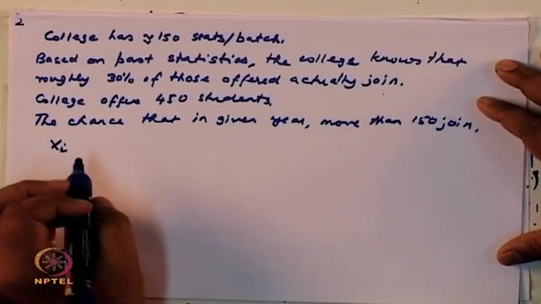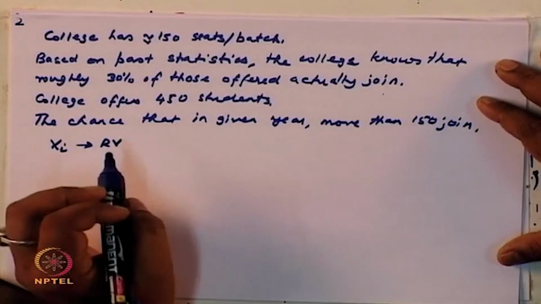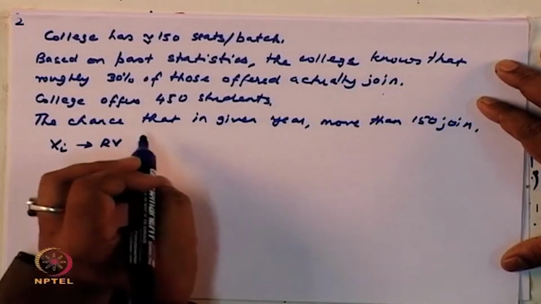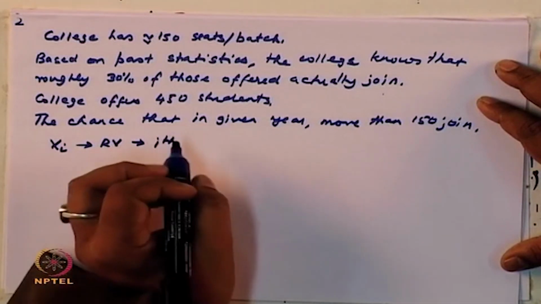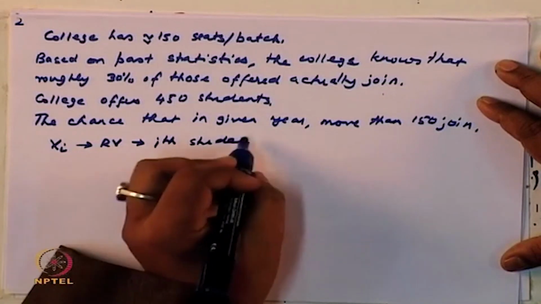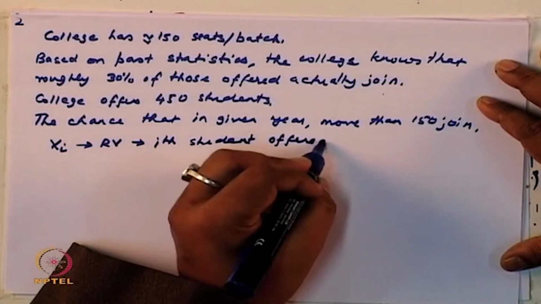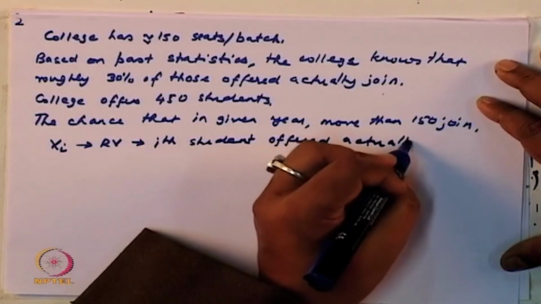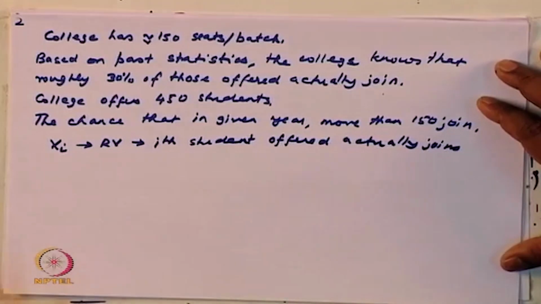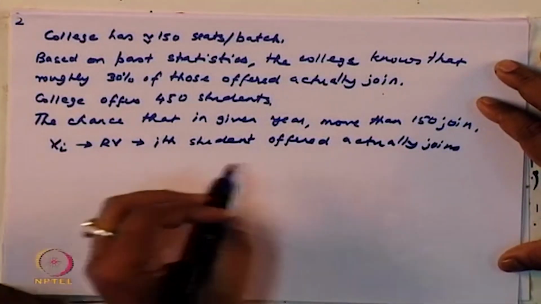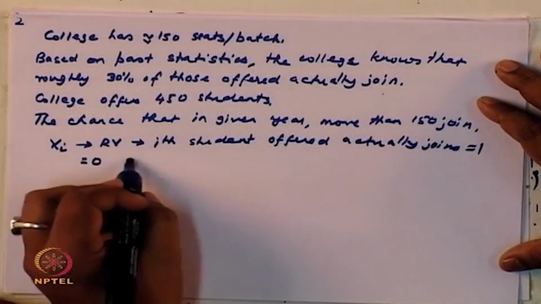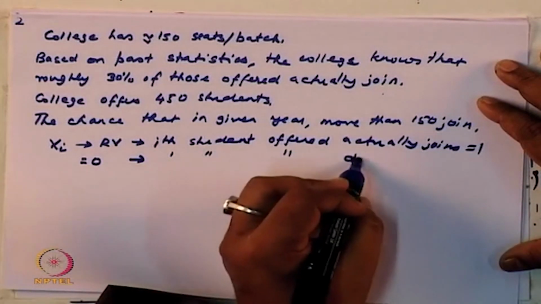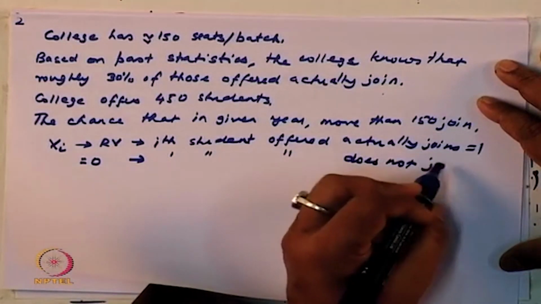So, what you can define is xi is a random variable associated with whether the ith student offered actually joins. If the ith student offered joins, I can assign xi equal to 1, and xi equal to 0 if the ith student is offered but does not join.